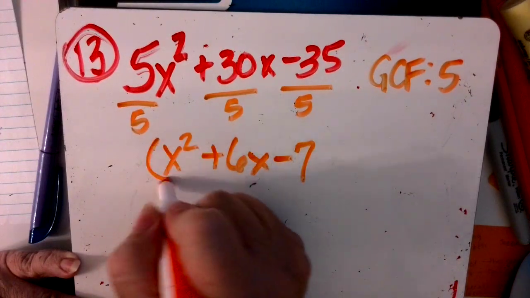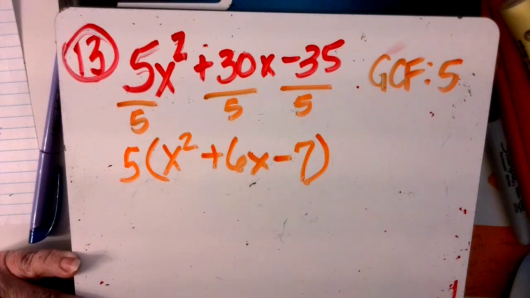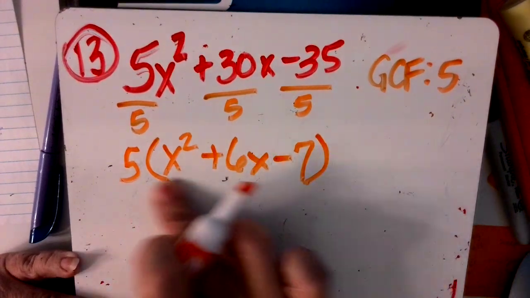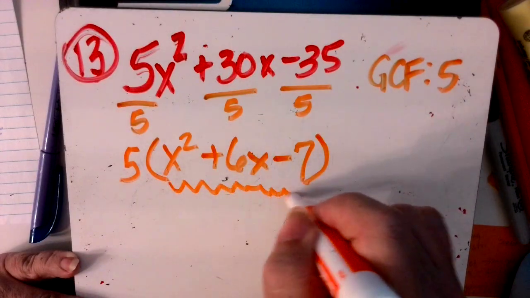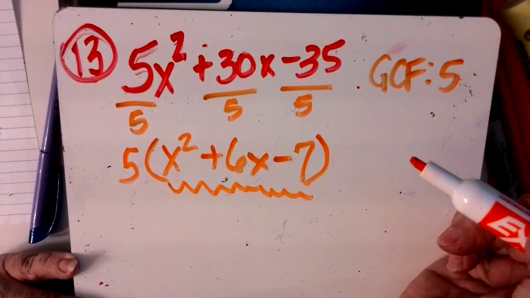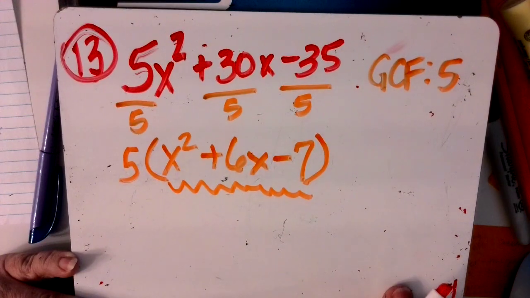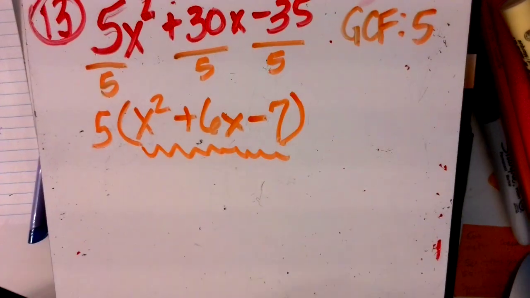But the way we write it, remember, we put the GCF on the outside. So this is the greatest common factor, and this is what's left over. Now this part here is what we're going to make the X for. So first we pull out the GCF, and then we do everything else like we've done.